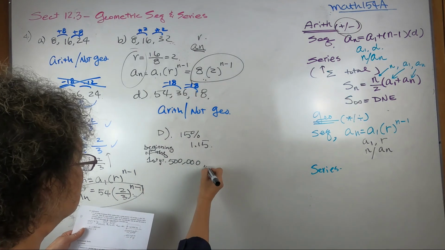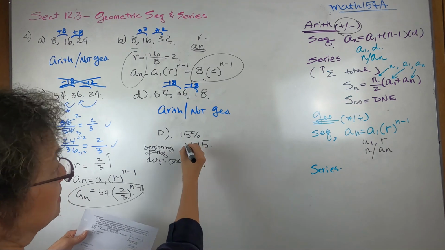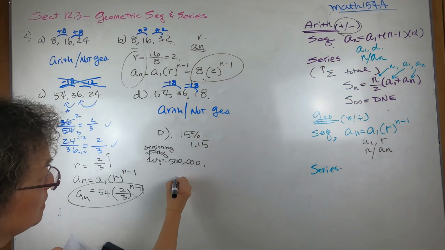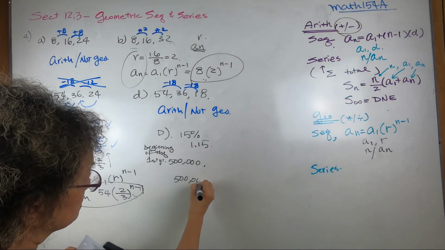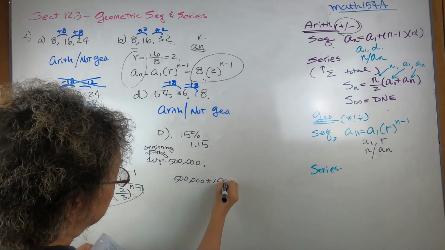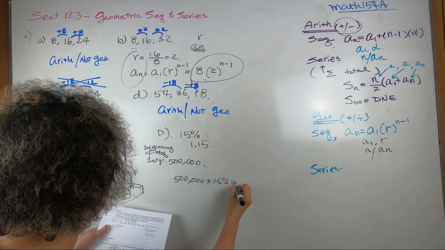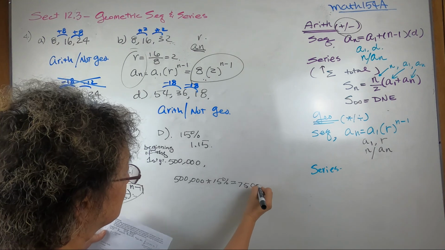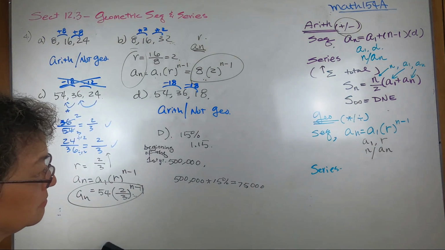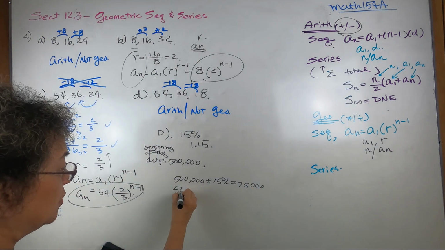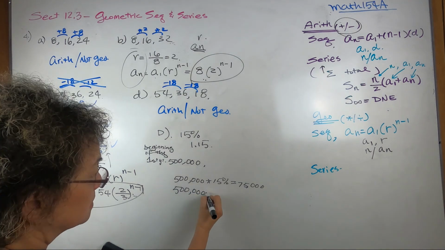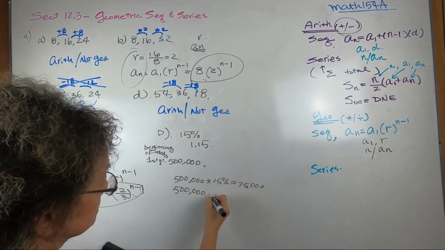Then next year will be what? 15% more. 500,000 times 15%, 0.15, that would be a 75,000 increase. But the total value would be what? Plus 500,000.